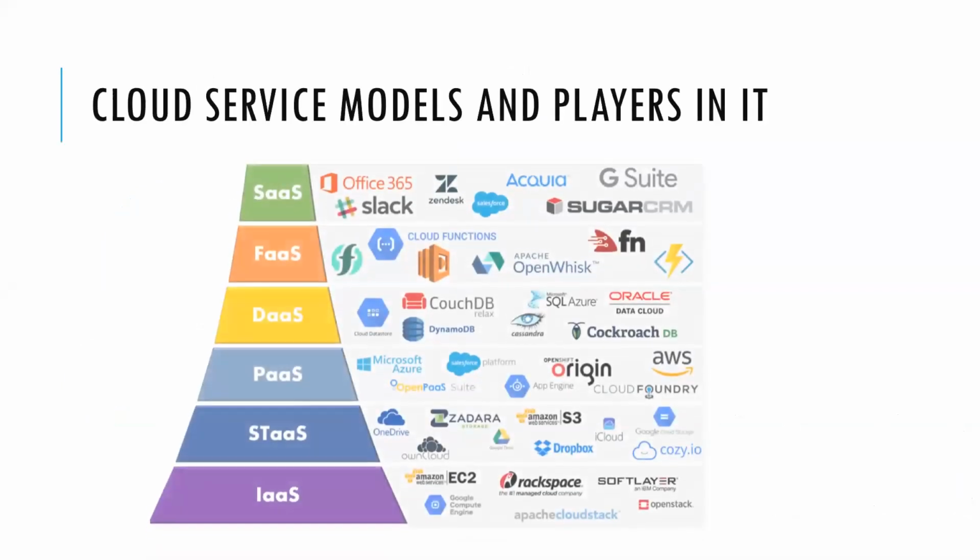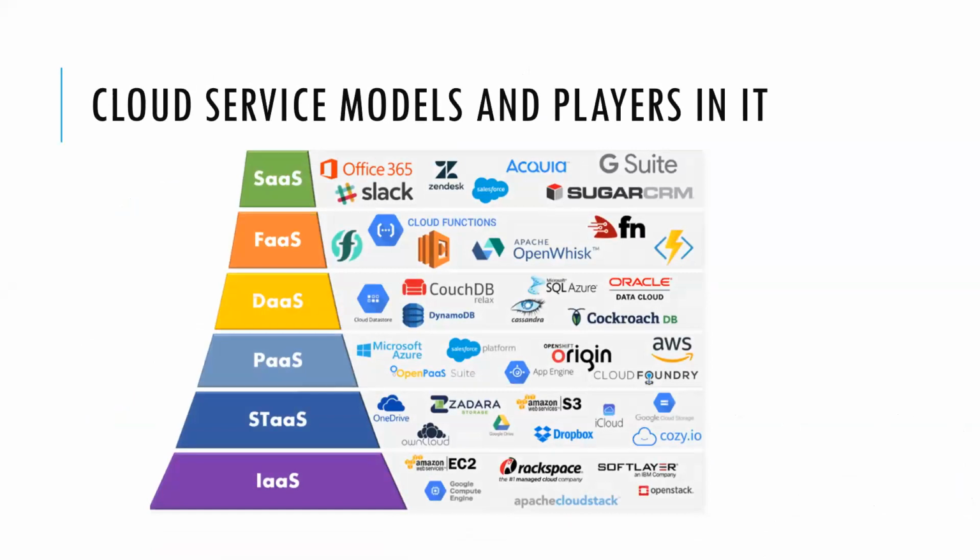So let's see a little more, based on deployment model, what the cloud services can be. Starting from the bottom, if you recognize some of the majors, you can see infrastructure as a service, starting from Amazon Web Services EC2 instance and Google Compute Engine, as well as many other things.